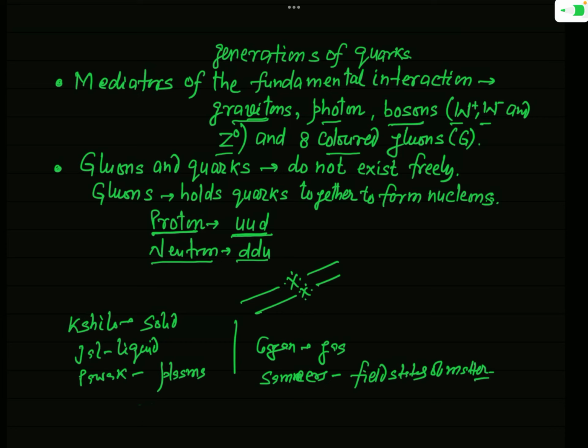In this introductory lecture, I have just introduced you to this fascinating world of elementary particles. But in the forthcoming lecture, first of all, we will see the classification of these elementary particles on a scientific basis, and after that we will deal with this complete chapter step by step in different lectures.